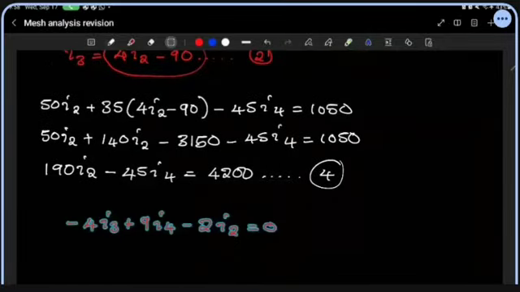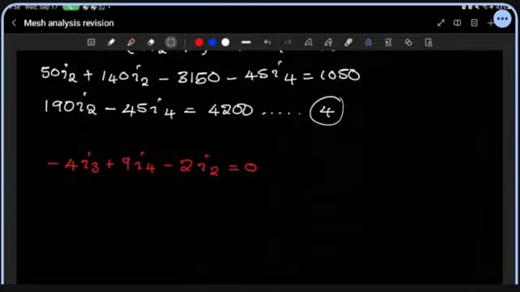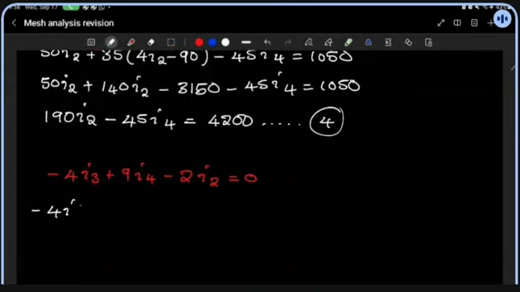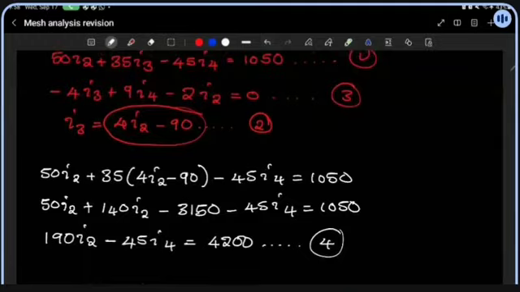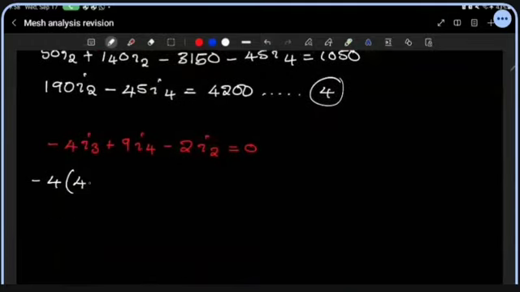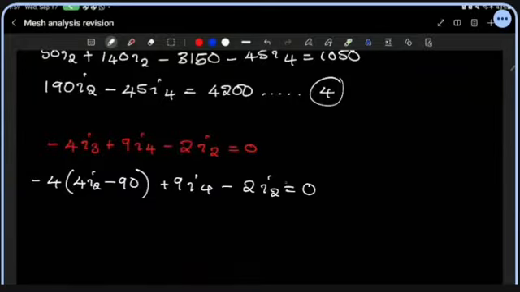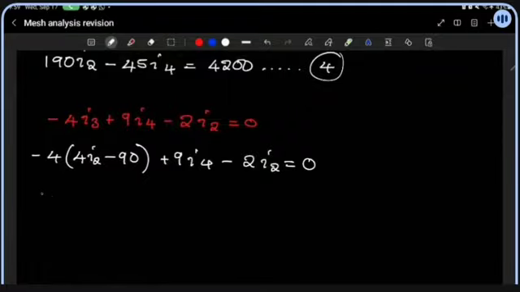So you have minus 4I3, what are we eliminating? We're eliminating I3, so I3 has showed up already. So where there's I3, we're putting 4I2 minus 90. So this will be then plus 9I4 minus 2I2. Now it's simplification. 4 and 4 is 16.